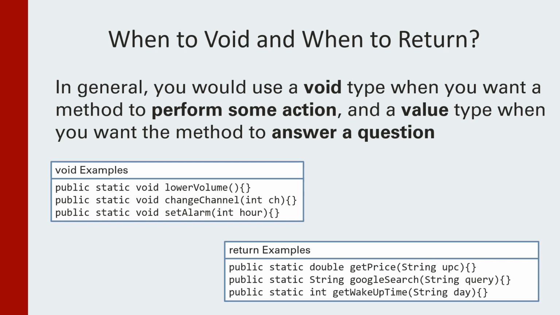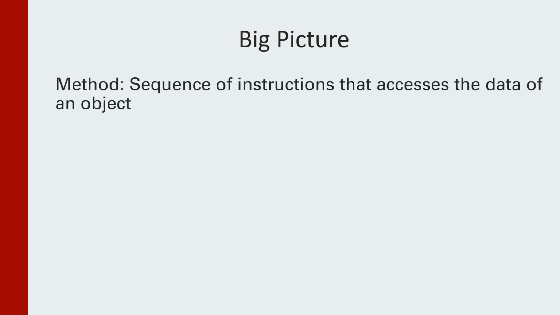versus a return type. So let me just give you the big picture of what methods are for in Java. They are sequences of instructions that access the data of an object. So everything inside Java is going to be an object, and an object has things that it is, data that's associated with it, and things that it can do, which are the methods.